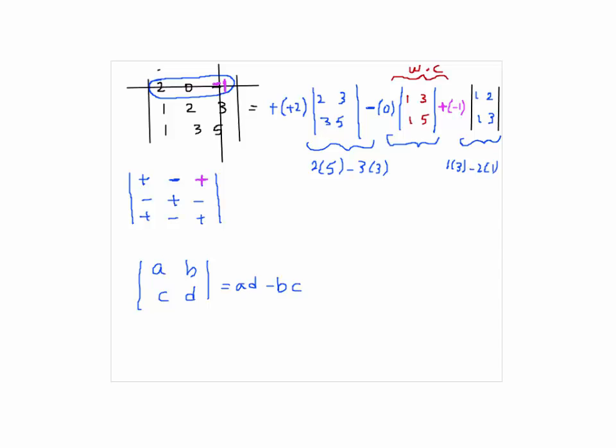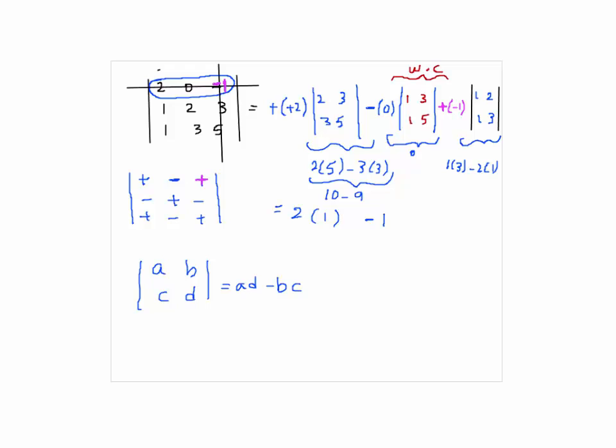We don't even have to bother with calculating that. So this whole thing would be 2 times this number here. 2 times 5 is 10. 10 minus 9 would be 1. So it would be 2 times 1. And then we have minus 1 from here.